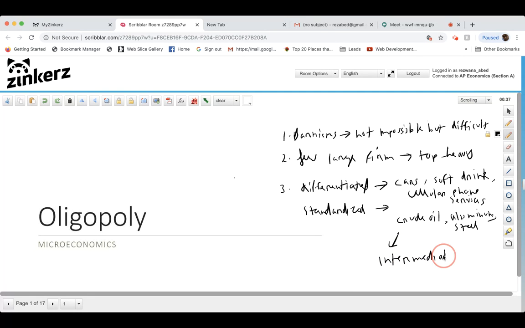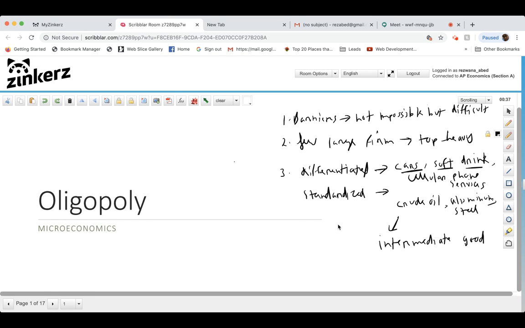So we don't use crude oil, aluminum, or steel for our consumption per se, but we use them to make other products that are then used in consumption, right? We use them for other purposes, to make other stuff that we can actually use for consumption.